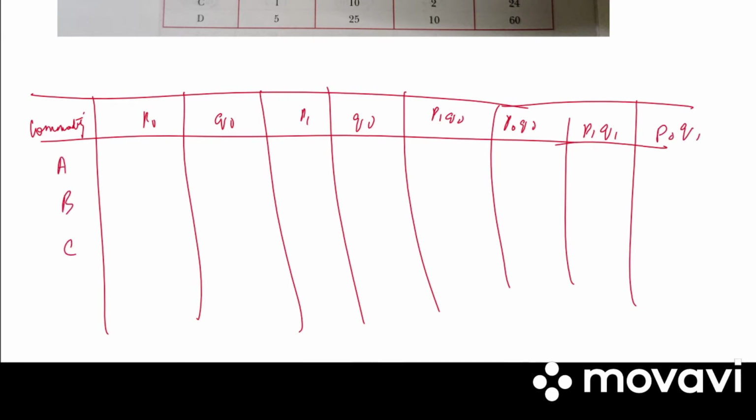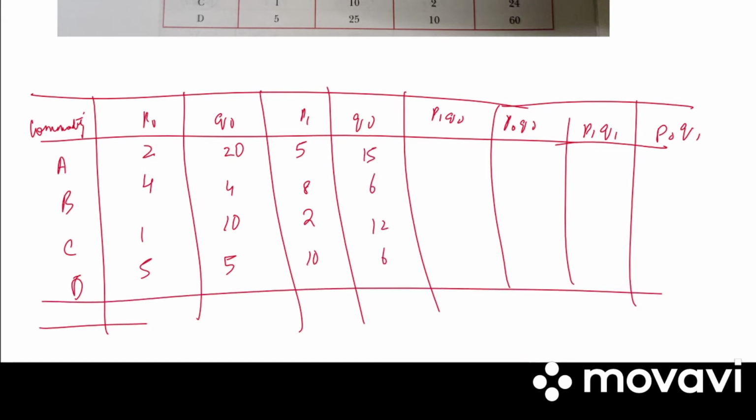We have A, B, C, D: 2, 4, 1, 5 given in the question, 24, 10, 5, 5, 8, 2, 10, 15, 6, 12, 6.